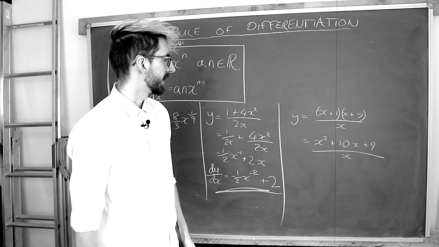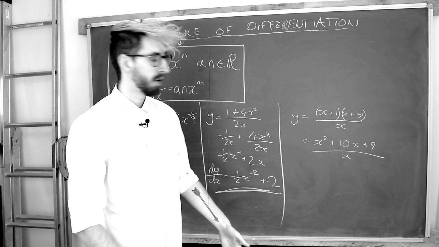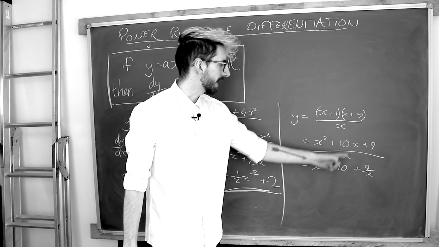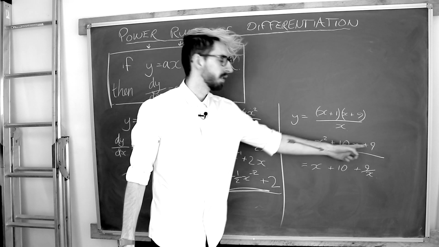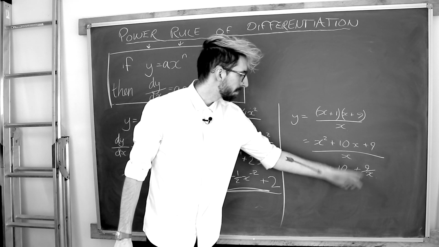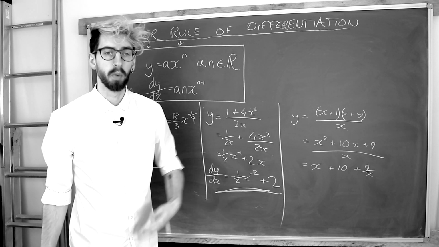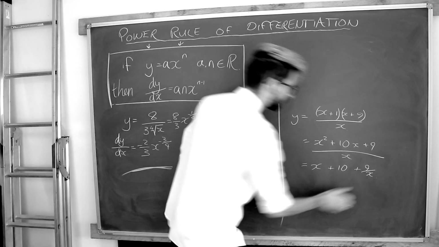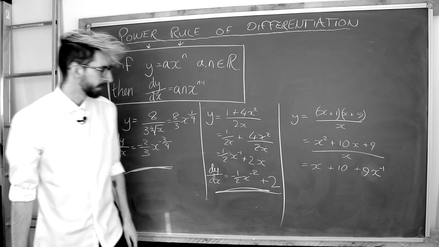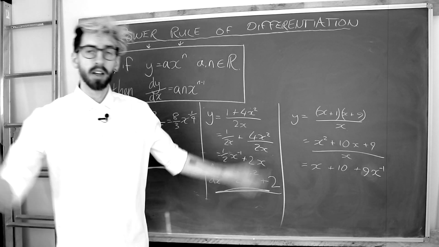I'm going to go straight ahead and just write it out, simplified. So one x cancelled with one of the squares, another cancelled with the x on the 10x. The 9 didn't have an x, so that's still over, it's 9 over x. But we don't want to write it as 9 over x, we want to use our knowledge of indices again: 9x to the minus 1. Okay, so let's differentiate.